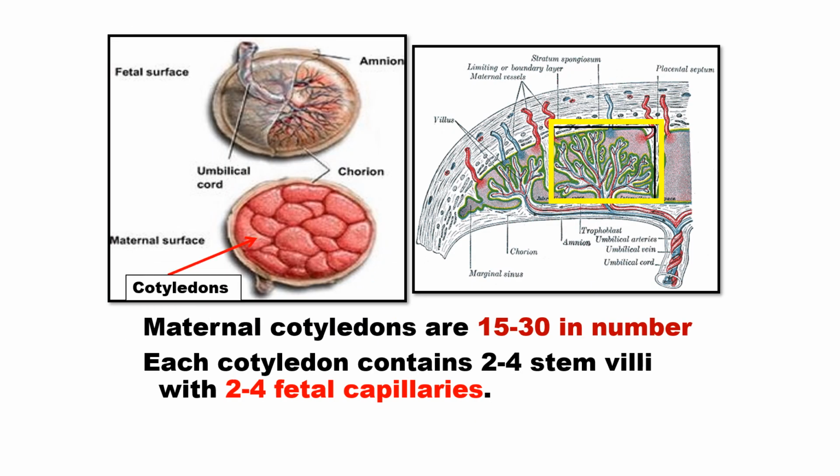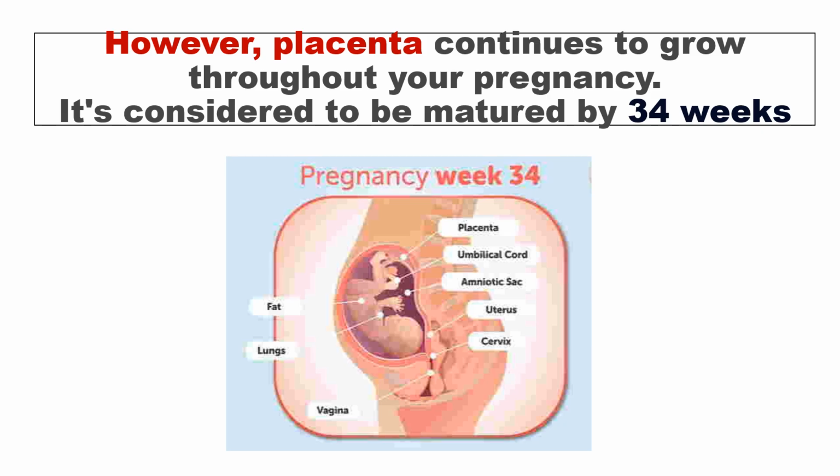Maternal cotyledons are 15 to 30 in number, and each cotyledon has 2 to 4 stem villi with fetal capillaries. However, the placenta continues to grow throughout the pregnancy. It is considered to be mature by 34 weeks of pregnancy.